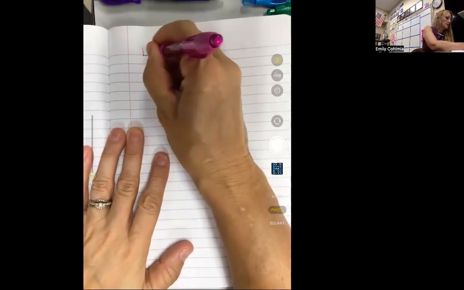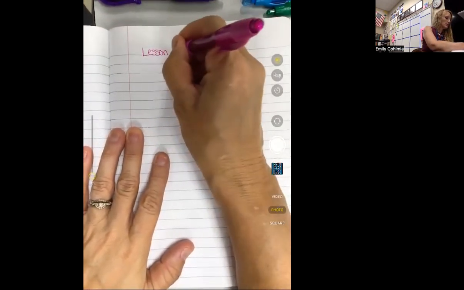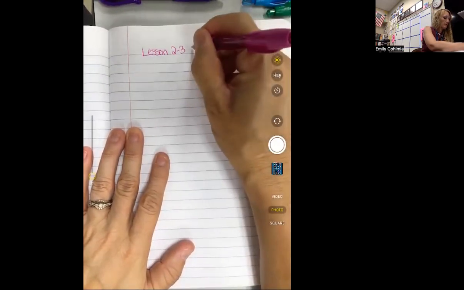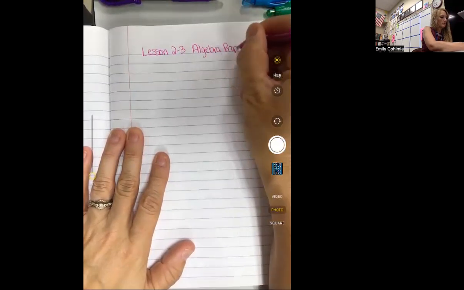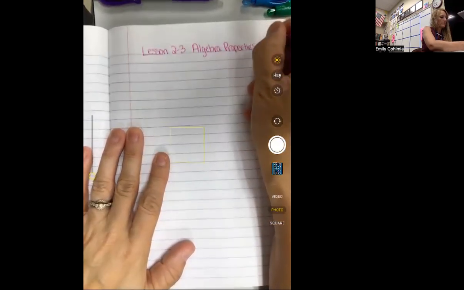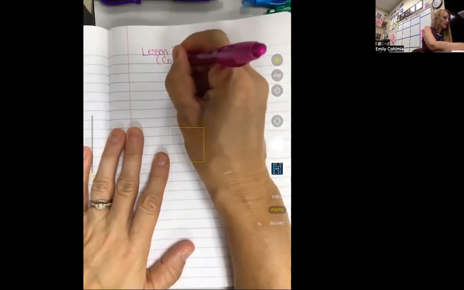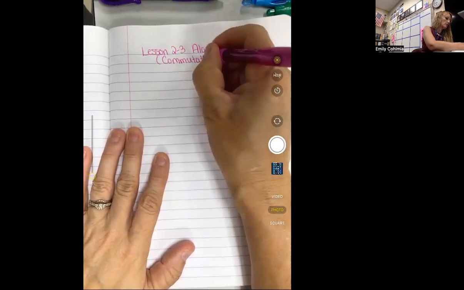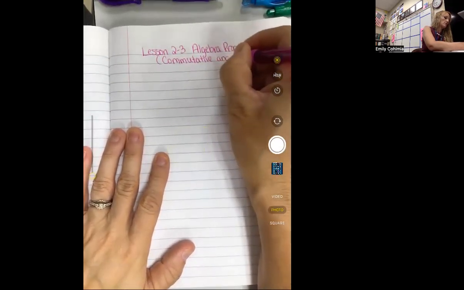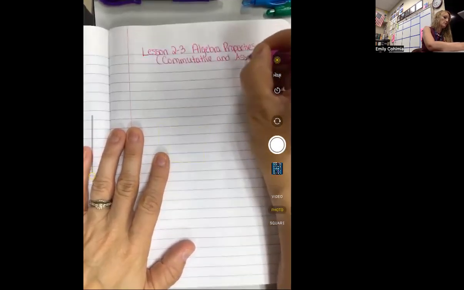Okay, this is lesson 2-3, and we're going to call it algebra properties. Specifically, we're going to learn about commutative and associative.